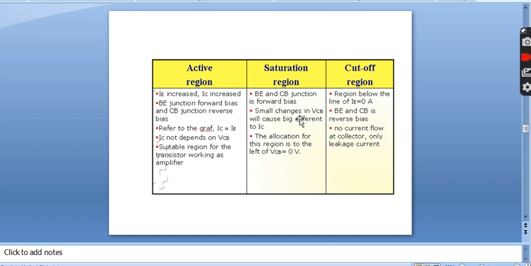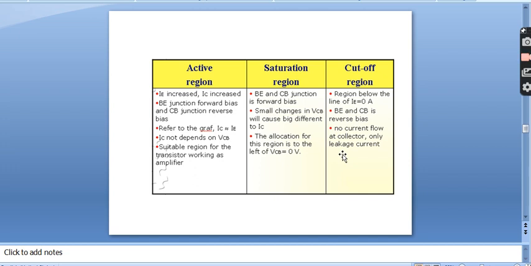So here, small changes in VCB, the output voltage, will cause a big difference to the IC. When we change the voltage drop between the collector and base, small changes in VCB cause a big difference to the IC.